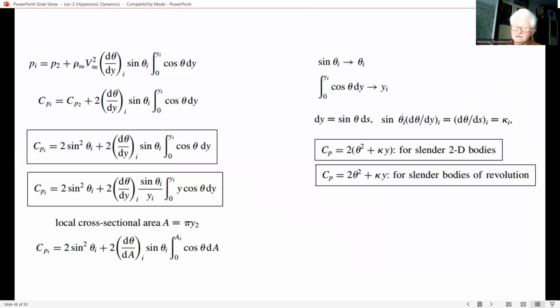Hence, from Newtonian theory, the pressure coefficient at point 2 must be interpreted as the straight Newtonian result given in this equation, namely proportional to 2 sine squared theta at point 1. With this, our equation is rearranged in this form.